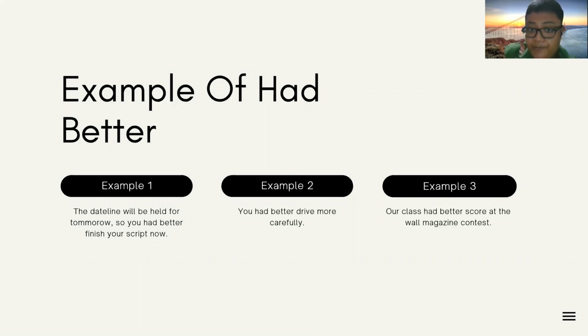You see, any sentence that uses had better shows that people want to press the advice or suggestion they give to you, or you give to them, because it's much stronger than should or even ought to.